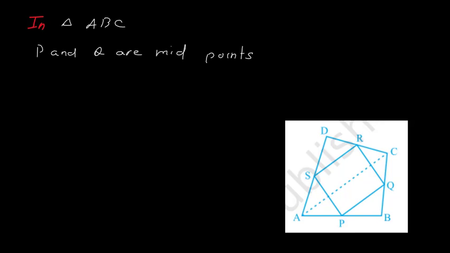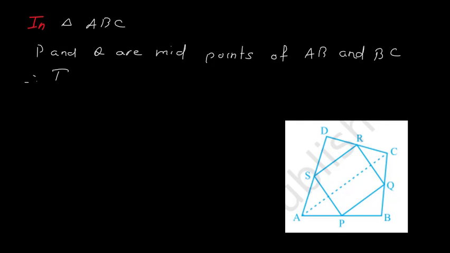We have now, in triangle ABC, P and Q are midpoints of AB and BC. Okay, P and Q are the midpoints of AB and BC.